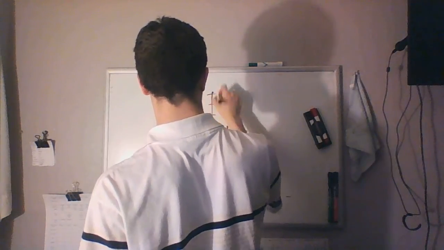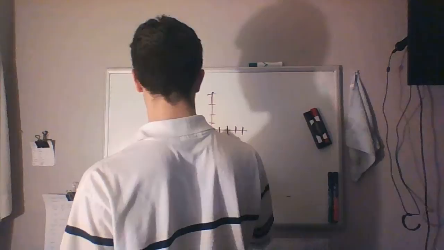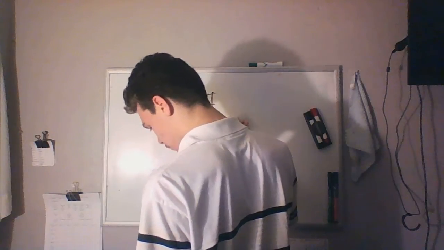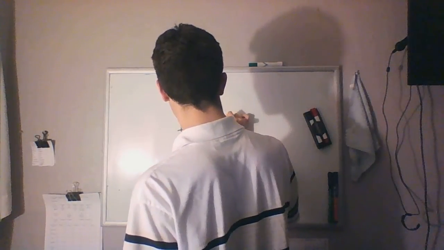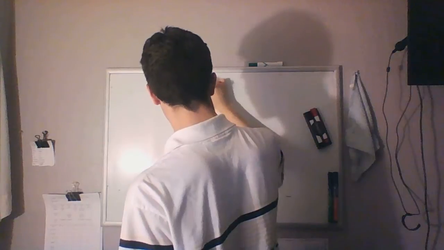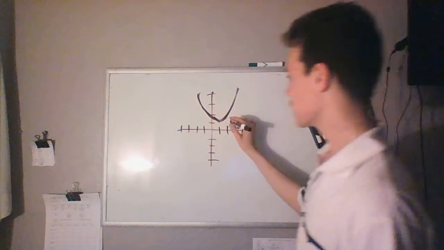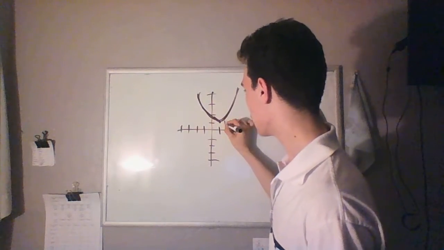The last problem includes both of them on how to solve them both. I did not draw a perfect graph, but there it is. So it hits the point 1, 1.